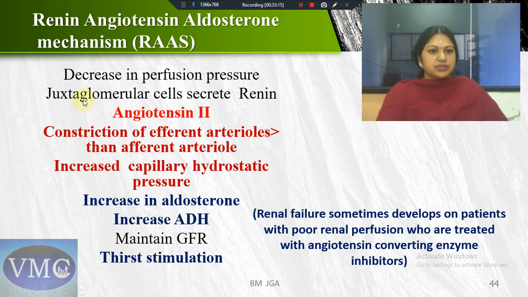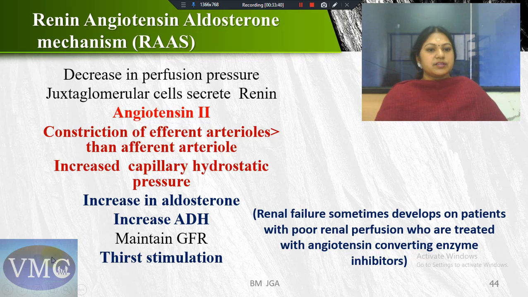Juxtaglomerular cells secrete renin, and this renin causes formation of angiotensin 2. This is a very powerful, potent vasoconstrictor. This causes constriction of the efferent arterioles more than the afferent arterioles. So there is increased capillary hydrostatic pressure, and this causes your GFR to come back to normal.